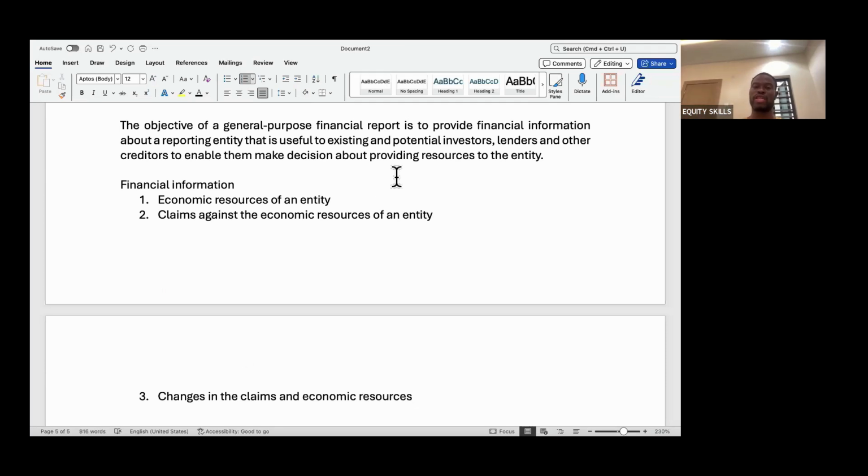All information we are providing does not go beyond these three. And when we say economic resources of an entity, do you know what we are talking about? Assets. When we say claims against the economic resources, we're talking about liabilities. When we talk about changes in claims and economic resources, we are talking about income and expenses.